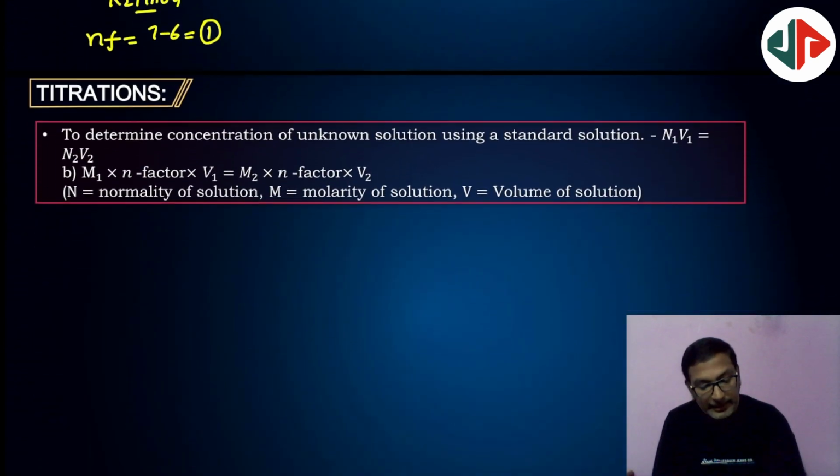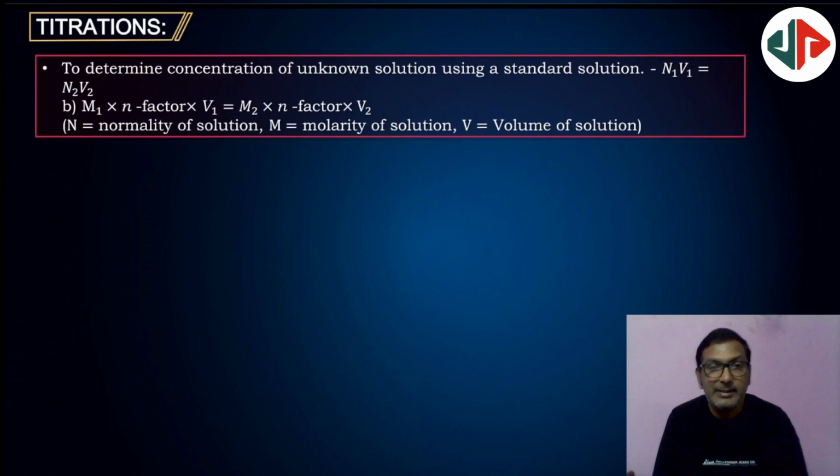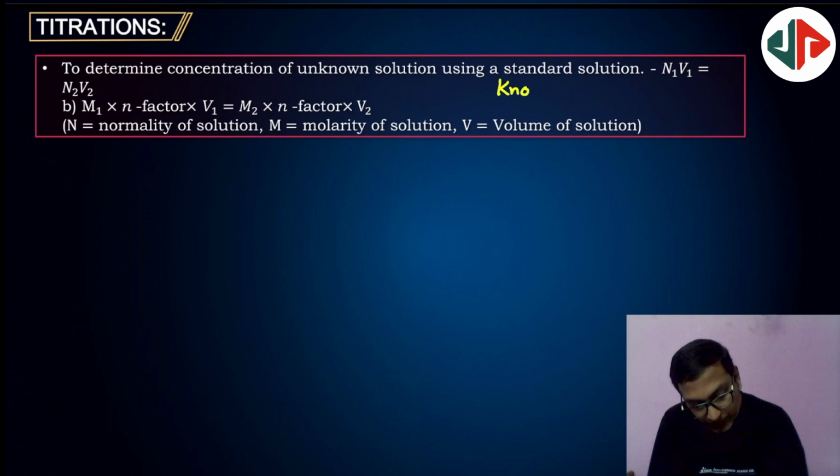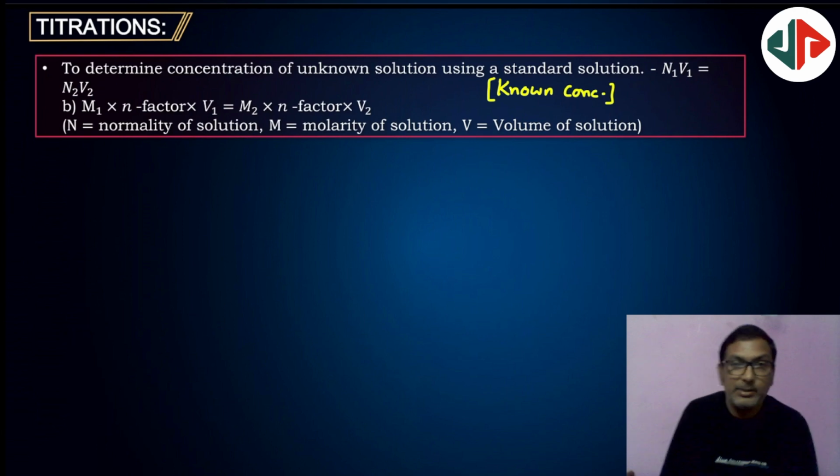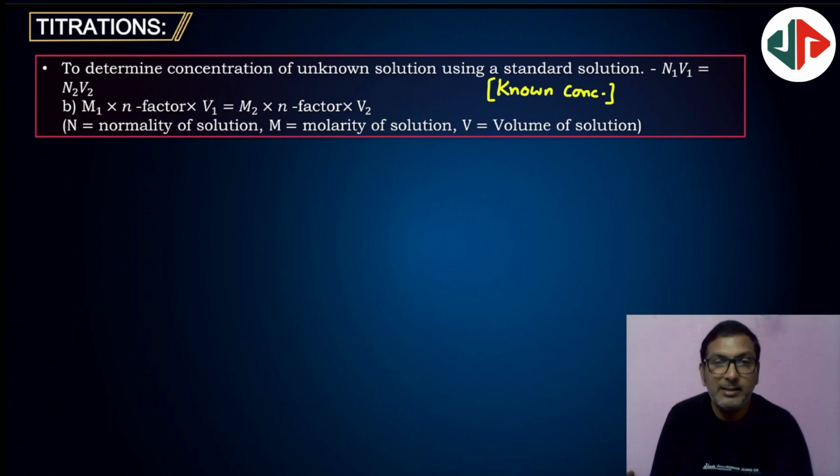Next, titrations. So what is meant by titration? Determination of concentration of an unknown solution by using a standard solution. Standard solution means the solution whose concentration is known. So by using known concentration, you can calculate concentration of unknown solution by equating milli-equivalents.